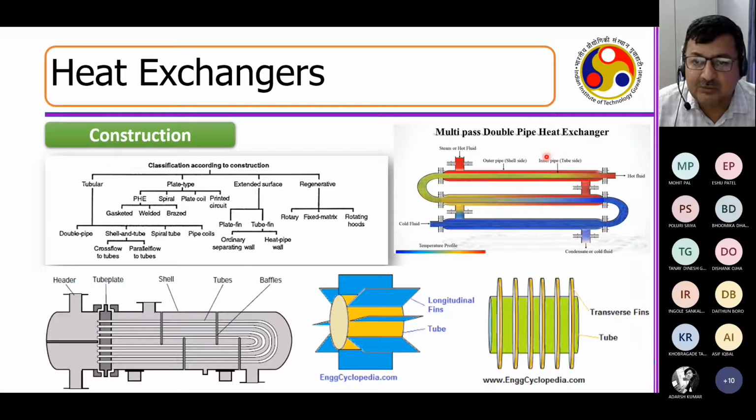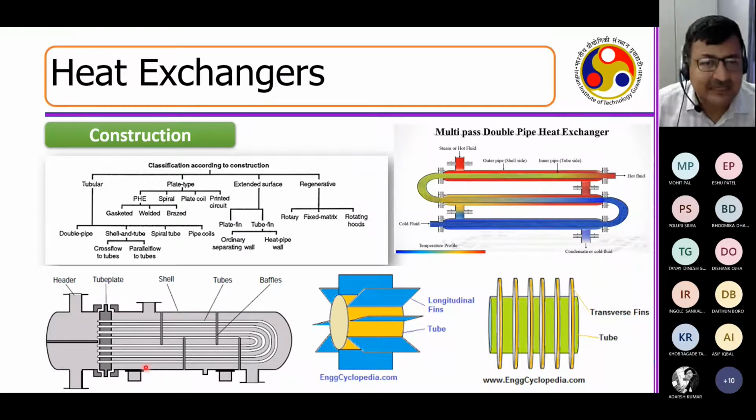We will use the same philosophy here in order to construct a shell and tube heat exchanger. What are we doing here? You can see this is the heart of the heat exchanger. The white portions are the tubes, whereas this gray portion is the shell.